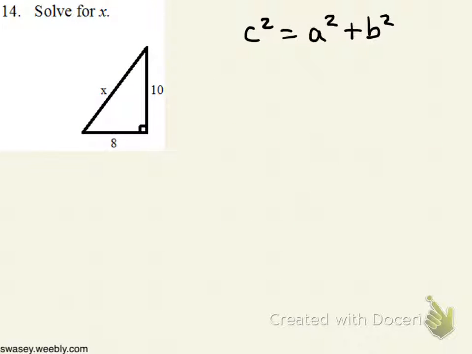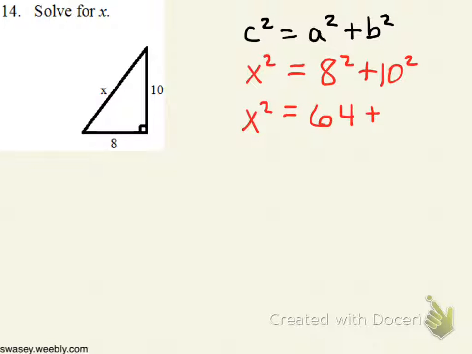Alright, here we have 2 of 3 sides in a right triangle, so we'll use the Pythagorean Theorem. The side that we're missing is the hypotenuse. So we'll add those together. To get rid of squared, we'll square root.